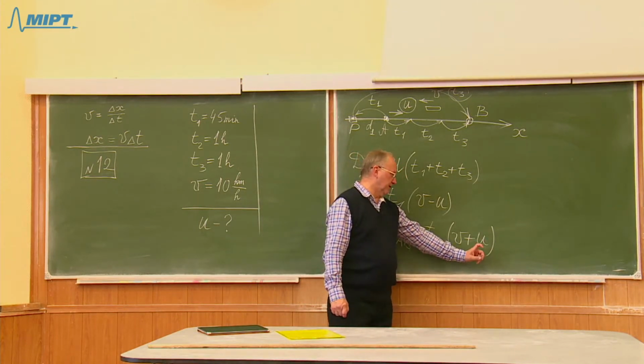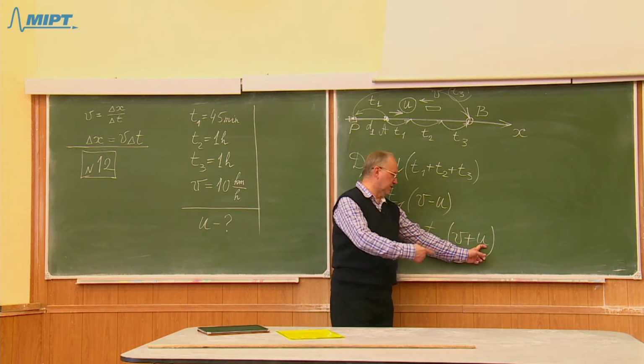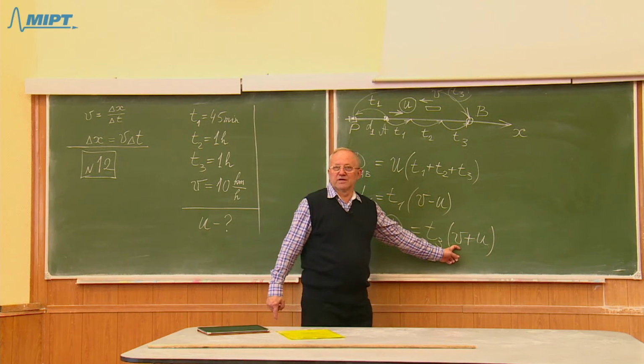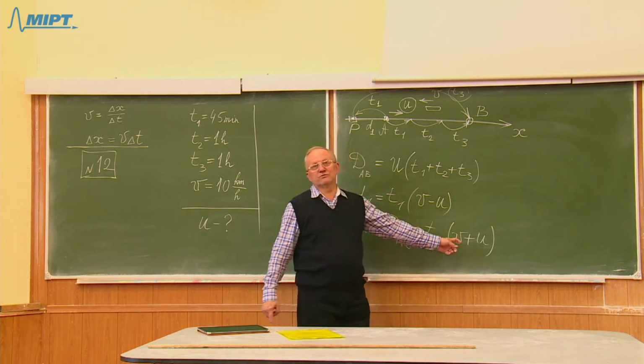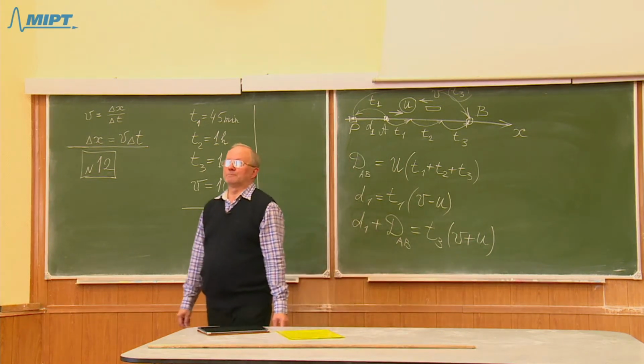The velocity of the water flow in the river plus the velocity of the motorboat relative to the water surface.